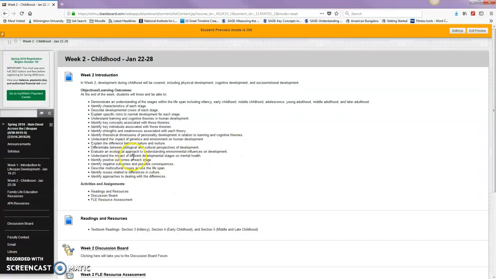We see here that there's also some discussion about cultural differences, cultural perspectives, multicultural issues, differences in culture, and approaches to dealing with the differences. It's important to understand that we only have our own experience to deal with personally or to understand others from personally.